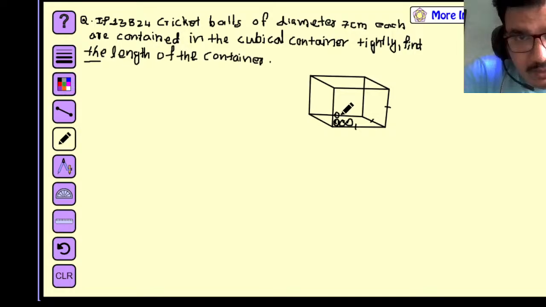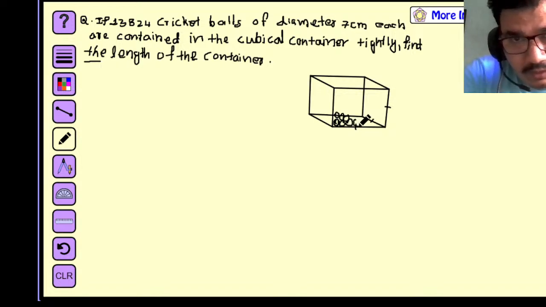These 13,824 cricket balls are kept inside this cubical container.